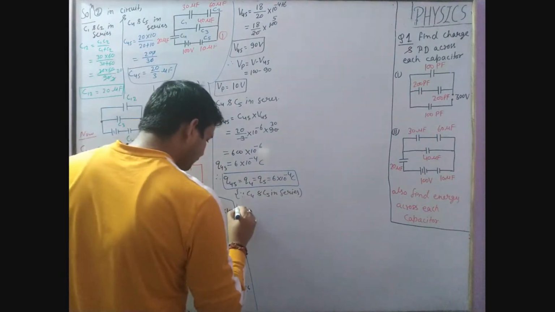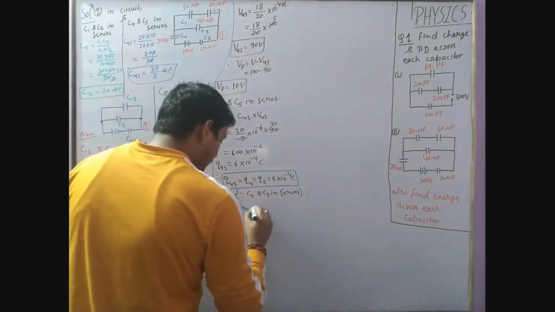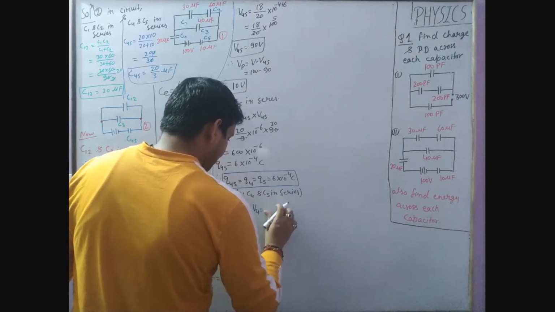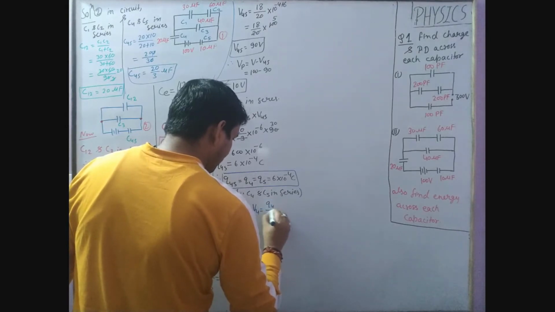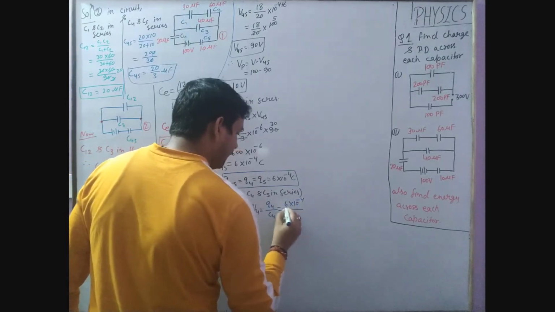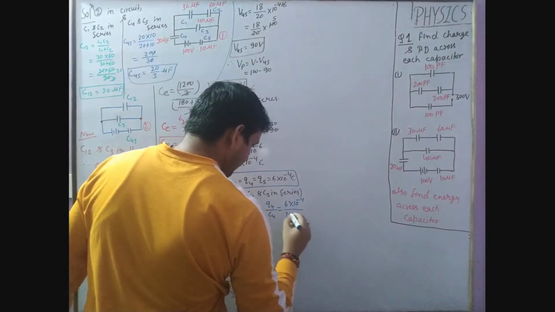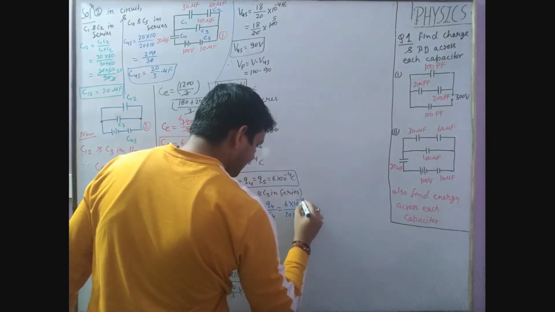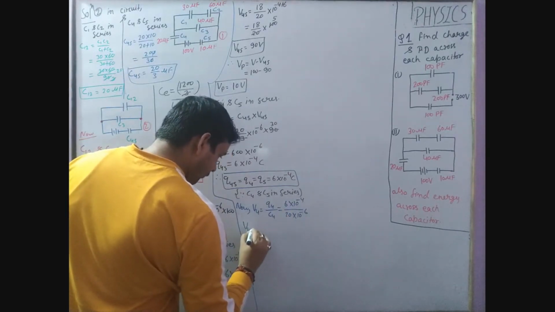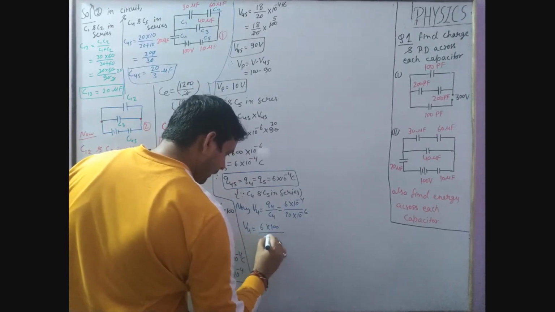Now this we have already. Now V4 you will calculate is Q4 upon C4, which is 6 into 10 to the power minus 4 upon C4 we have 20 into 10 to the power minus 6, that is V4 is equal to 6 into 100 upon 20.